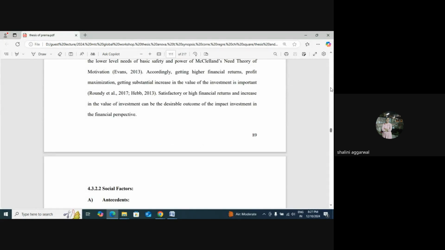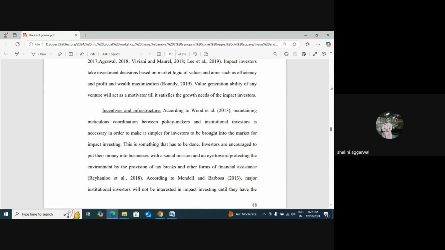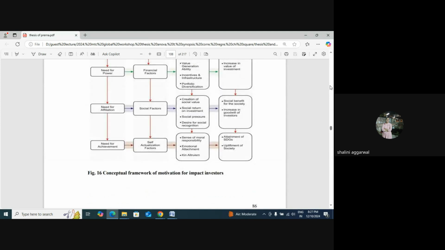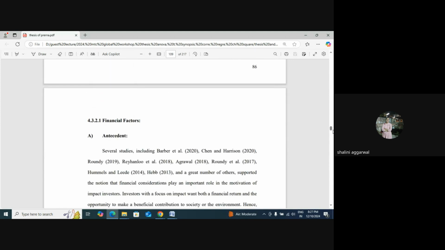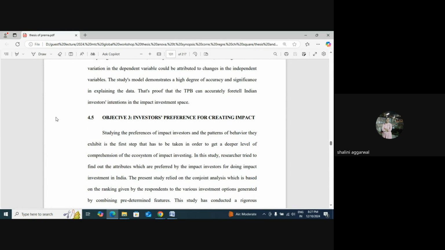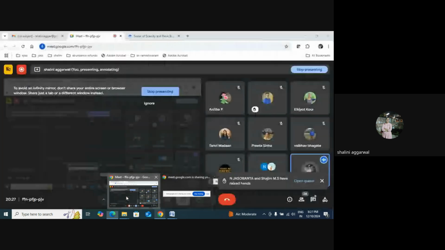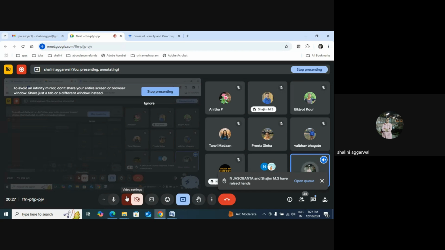So if we start with the second objective, she has mentioned it as objective 2. This is still objective 1 going on. It's a very long topic. So like this. I hope now the objective 3. Can you see this? So similarly, it goes on like this. I hope it is clear to all. Is it clear to everyone well?